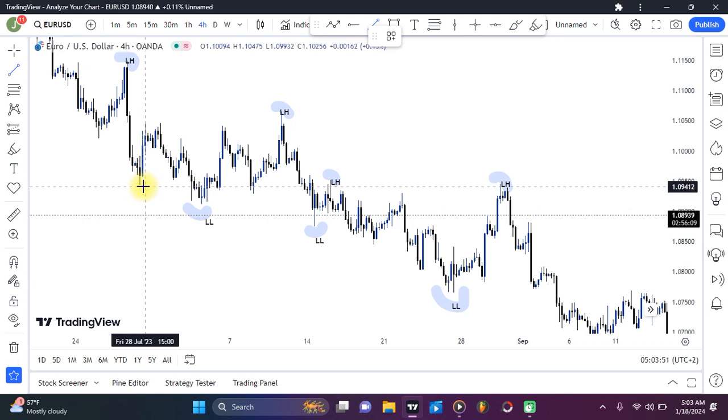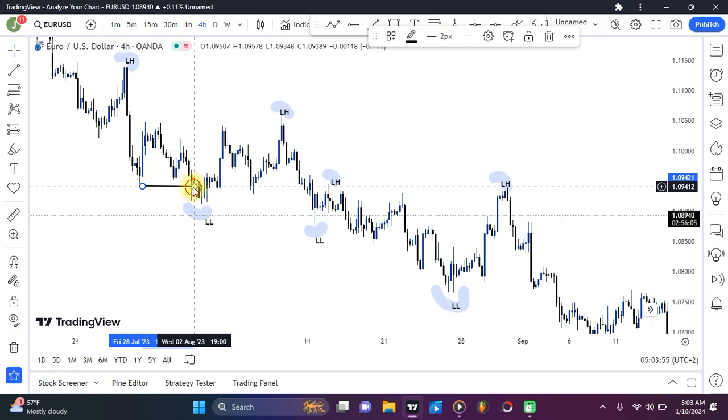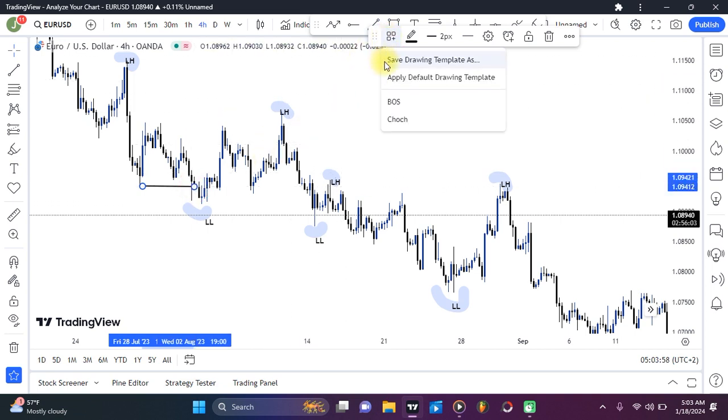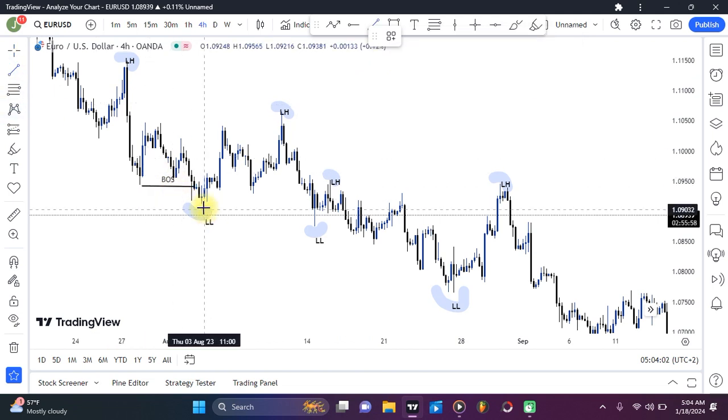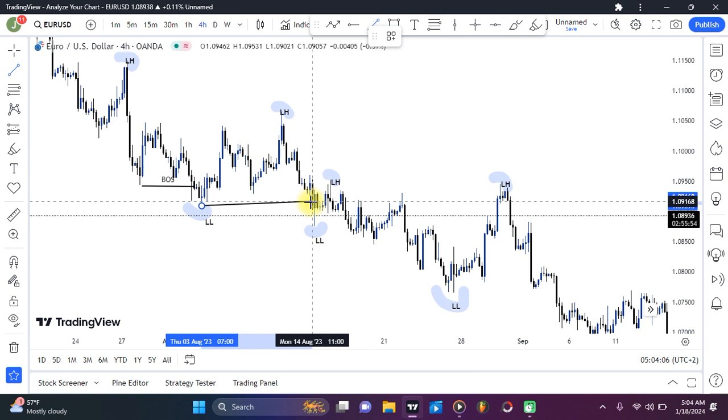This is going to be our first breakout of structure here. That's going to be our breakout of structure. This over here is also going to be a breakout of structure.